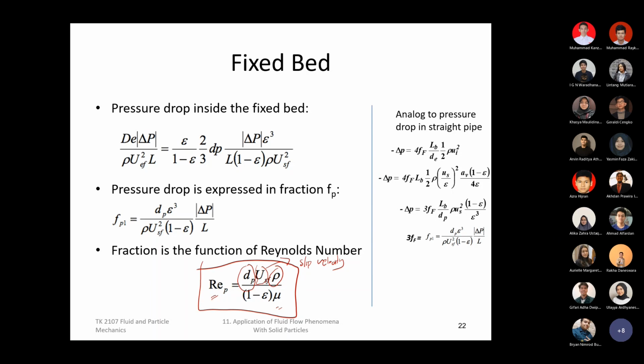And the pressure drop inside the fixed bed is quite analogous to the pressure drop in a straight pipe. Remember when you learned a couple weeks ago about the delta P in the straight pipe correlation using a Fanning or even a Moody correlation. It's still the same concept, but now we accommodate the presence of the particle.